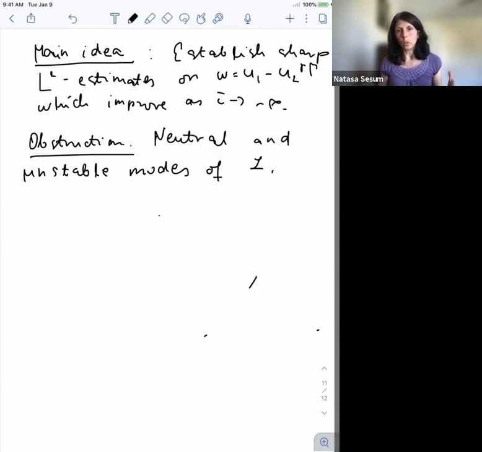To deal with these neutral and unstable modes, we choose our parameters gamma and beta carefully, so that these modes do not obstruct performing our estimates anymore. And here I'm just going to define for you the cylindrical region.